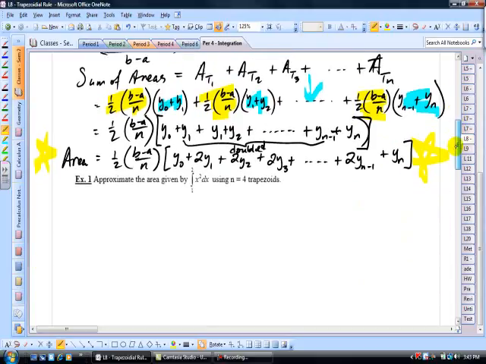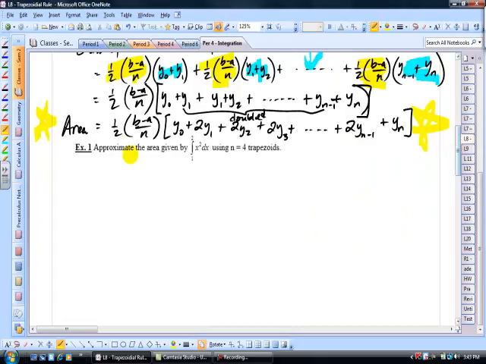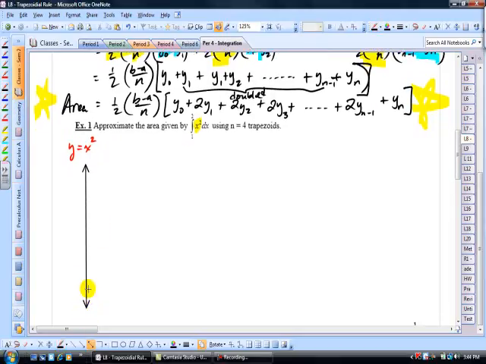So on example number 1 here, when I say approximate the area given by the integral of x squared dx from 1 to 2 using 4 trapezoids, I'm saying, hey, our function is x squared. So we have a function y equals x squared here. If we graph it, it looks like this. I'm just approximating the graph here. Y equals x squared starts at the origin here.